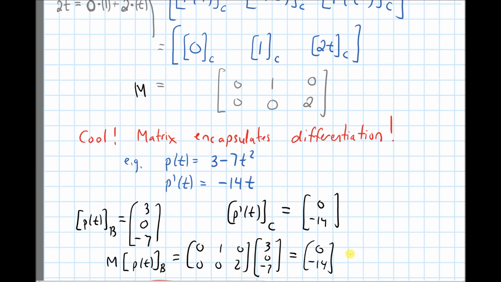But notice that this is the same thing as p prime's coordinate vector in terms of c. So this matrix represented taking the derivative, once I thought about all my polynomials in terms of their coordinate vectors. That's really nice. It's really nice that a matrix can encapsulate what an abstract linear transformation is doing in terms of just specific numbers like this and column vectors.